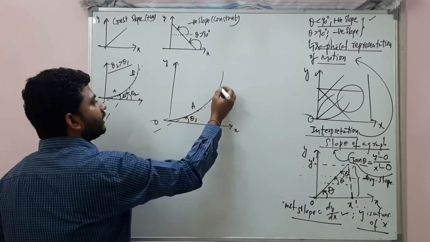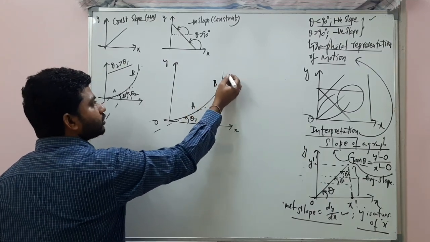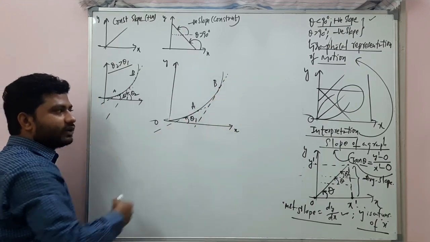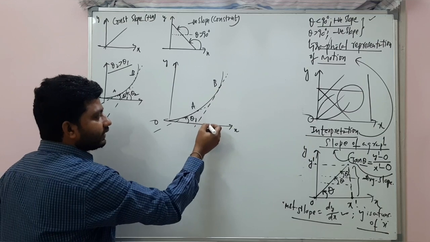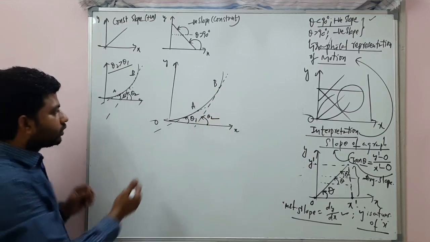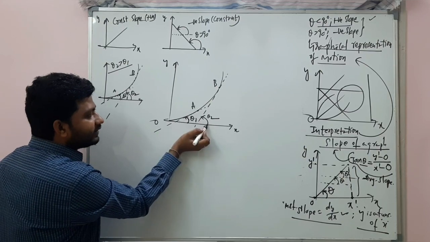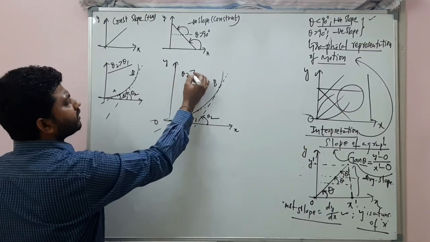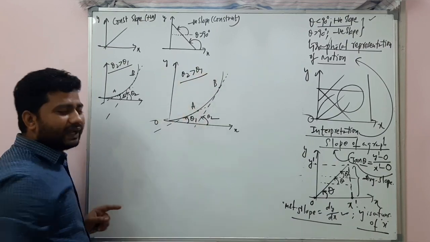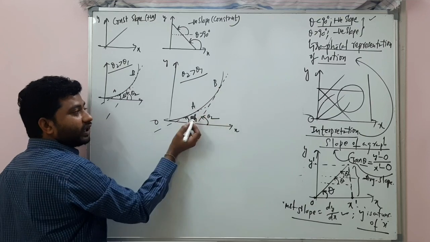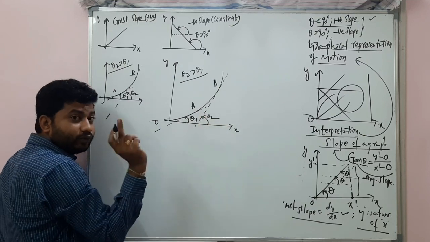At point B, if I want to find the slope, I need to draw a tangent like this. See the angle here. At point B, the angle is theta 2. Which angle is more? So this is theta 1 and this is theta 2. 100% theta 2 is greater than theta 1. That means this slope is increasing. So this slope is more than this. Right? And one more. Listen.